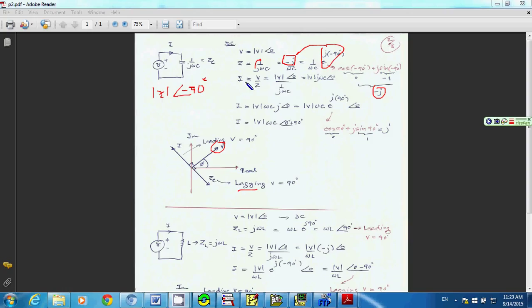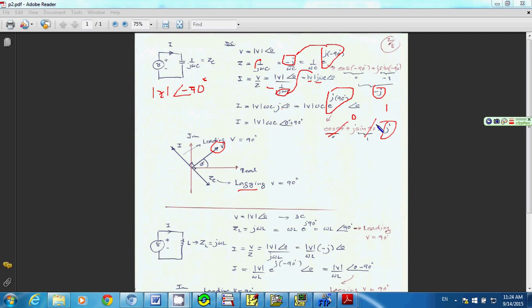Now you're looking for the current, which simply equals V over Z, and Z equals 1 over j omega C, so you end up with I equal to the magnitude of V multiplied by j omega C, because you move this up to the top. And now you do the same thing. When you have a j, you can represent j by exponential j 90 degrees, because j 90 degrees is simply cosine 90 degrees plus j sine 90 degrees. This gives you 0, and this gives you 1.